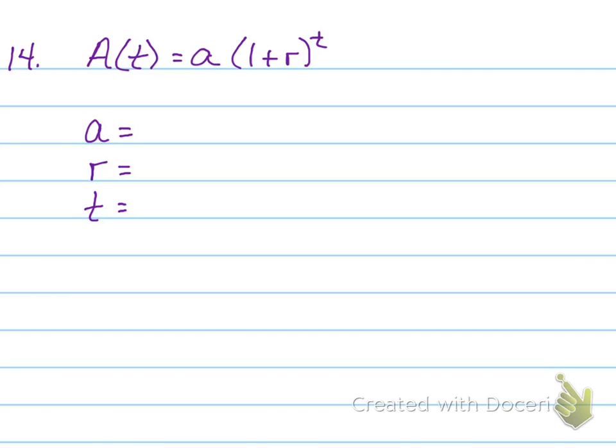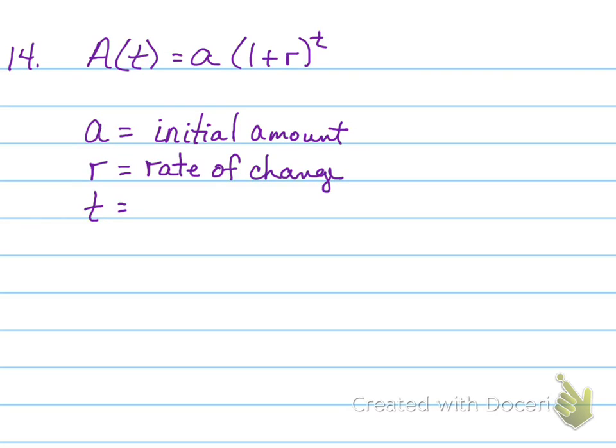Well, a represents our initial amount. r is equal to our rate of change. And t is our time. And that's all we got to do there.